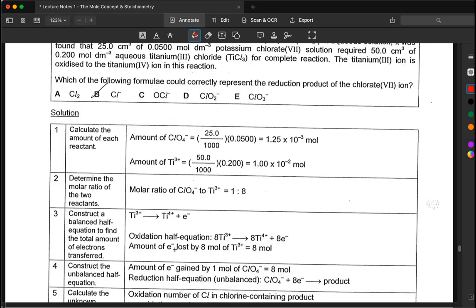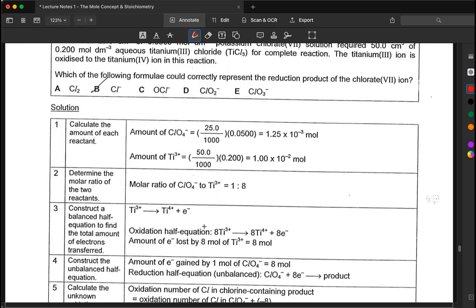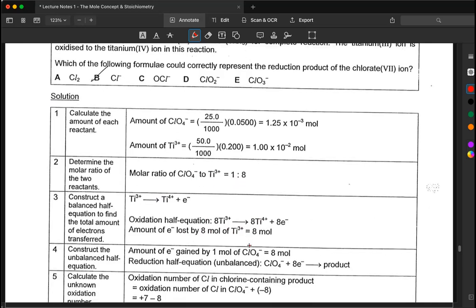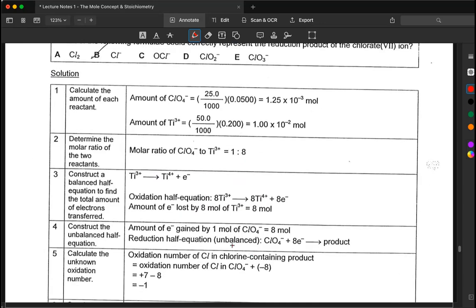So the amount of electron lost by 8 mole of titanium, because there's 8 mole of titanium 3+. So you need to understand that you need to convert that to 8. So 8 mole of electron loss, which means that for 1 mole of ClO4 minus, it gains 8 mole of electron.